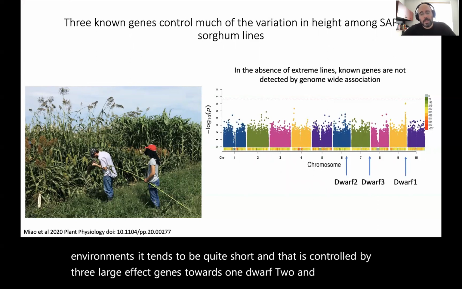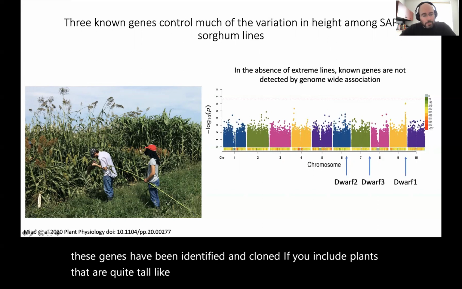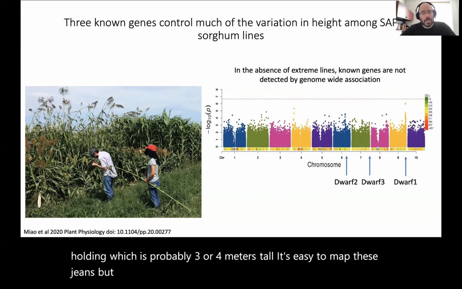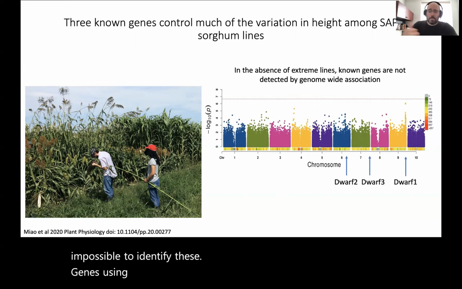All of these genes have been identified and cloned. If you include plants that are quite tall, like this example you can see 2 of my students holding, which is probably 3 or 4 meters tall, it's easy to map these genes, but if you exclude extremely tall plants, it becomes impossible to identify these genes using just end-of-season measurements of plant height.